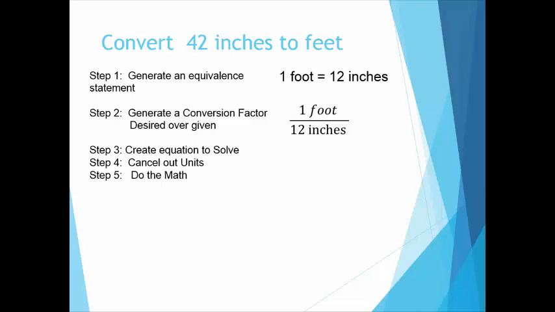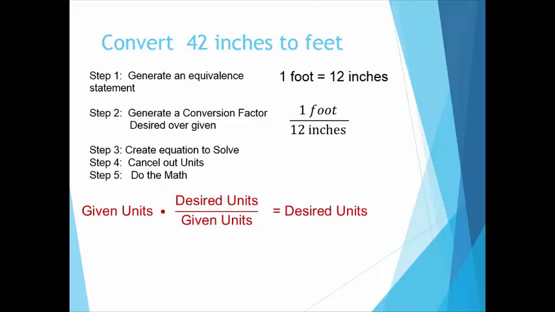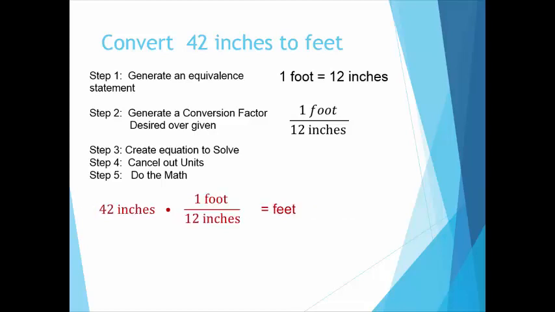Everybody okay? Now, we need to create an equation to solve. And we said our default was this. All right, let's fill in the missing pieces. Given units is what? 42 inches. What's our conversion factor? 1 foot over 12 inches. Okay, looking pretty good. What's our last step?